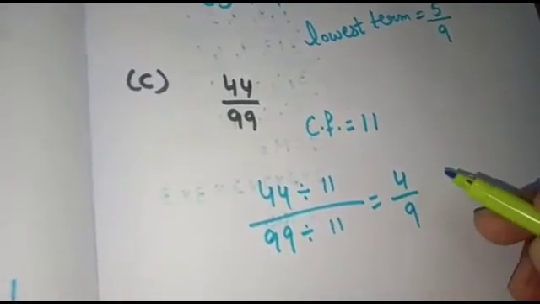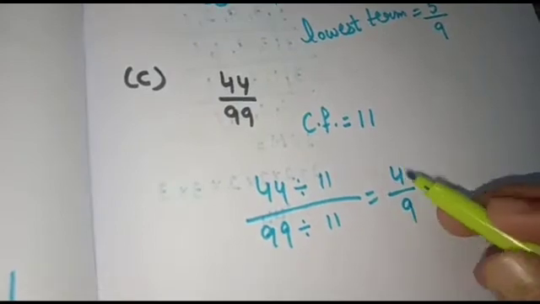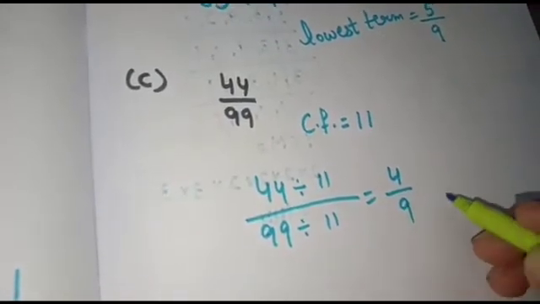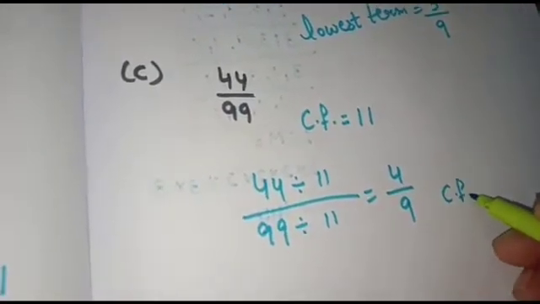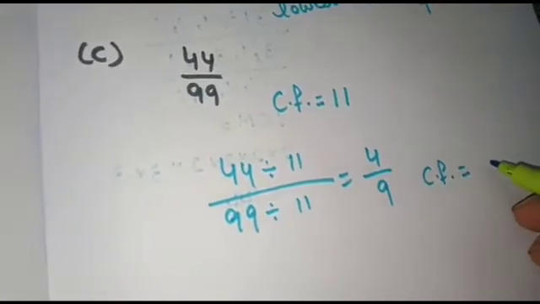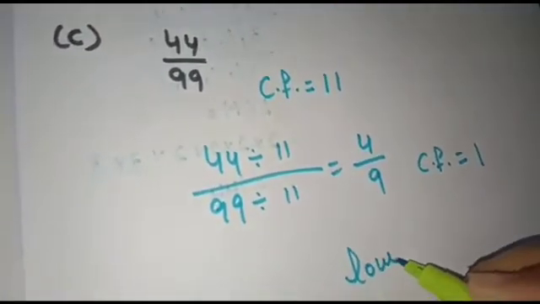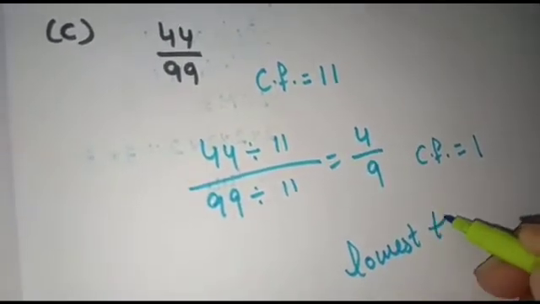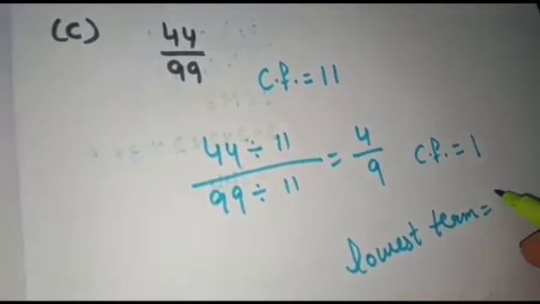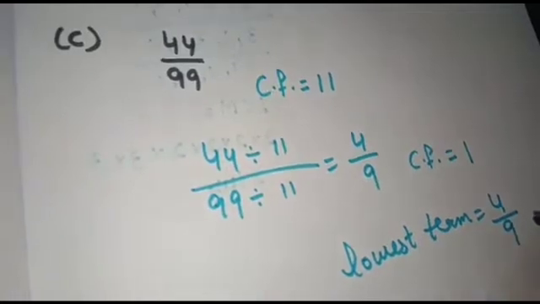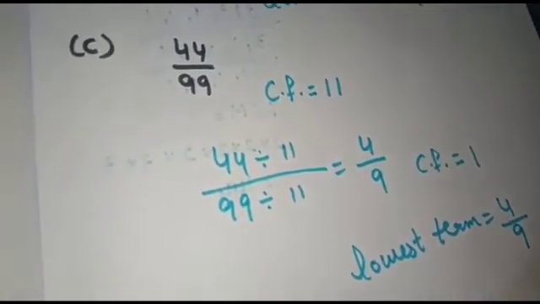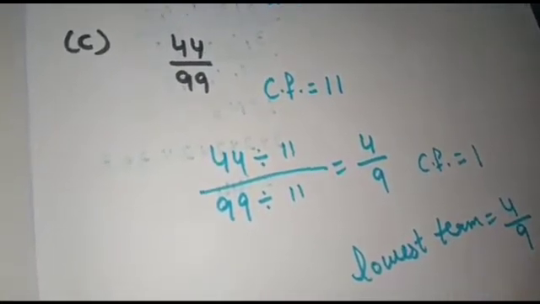Now we will keep on dividing till we are left with the common factor 1. So now think of the common factor of 4 and 9. It is 1. So 4 by 9 is the lowest term of the given fraction. The remaining two parts of question number 7 you will do on your own.